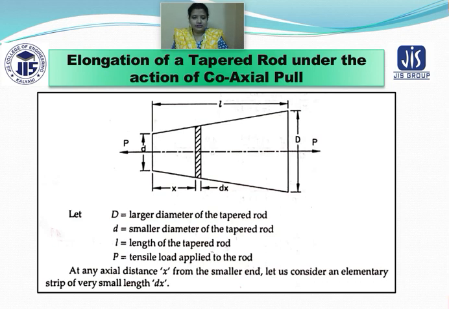Now if you consider this figure, you can see that the taper bar has length L, and the axial load P has been applied at the extreme ends of this taper rod. Small d is the smaller end diameter of the taper rod, and capital D is the larger diameter.